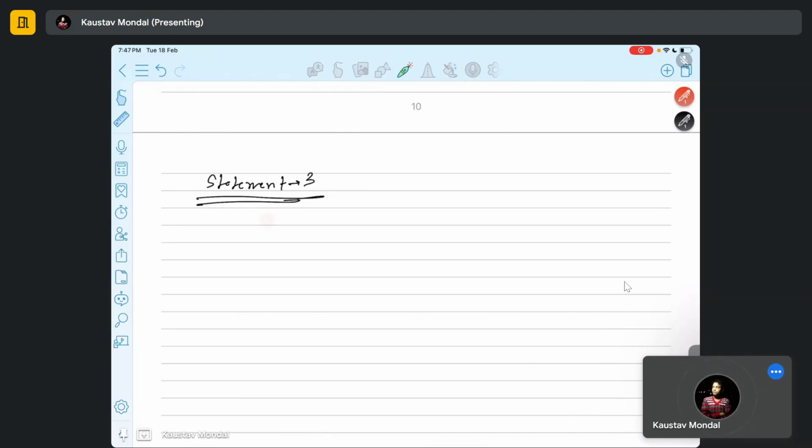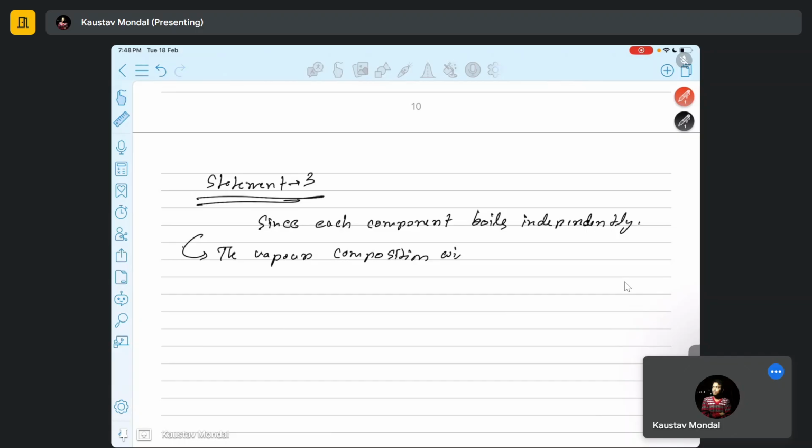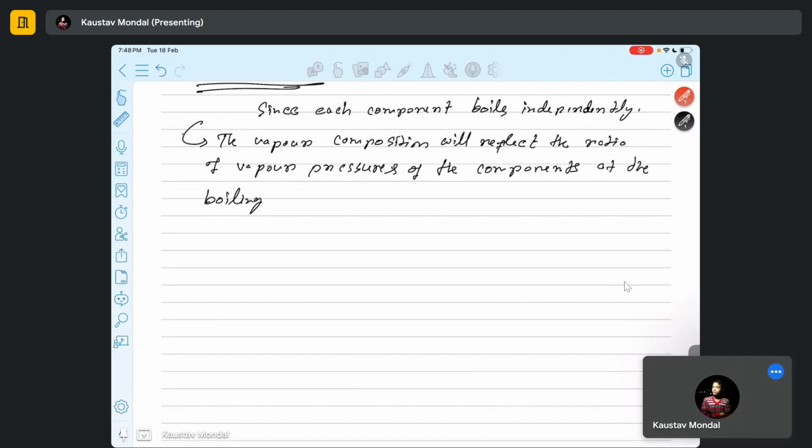Since each component boils independently, the vapor composition will reflect the ratio of vapor pressures of the components at the boiling temperature.